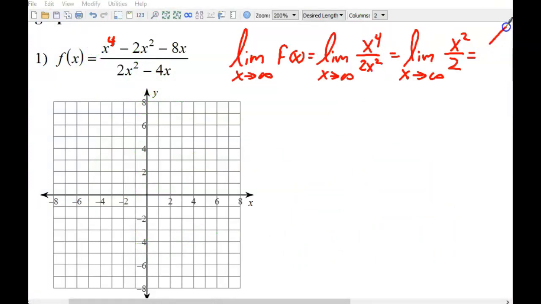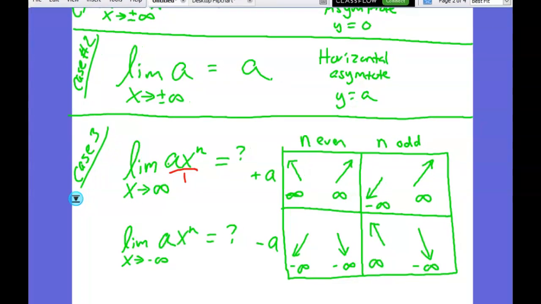So, since it goes up as I go to the right, that's what x approaching infinity means, then my y value is approaching infinity. As for moving to the left, according to our chart, it's also positive infinity.